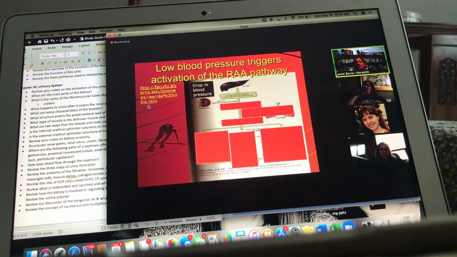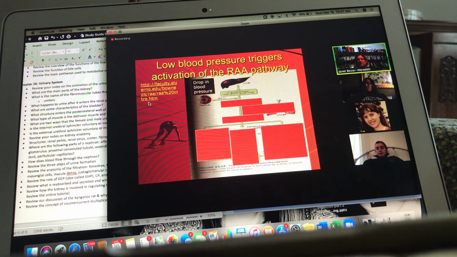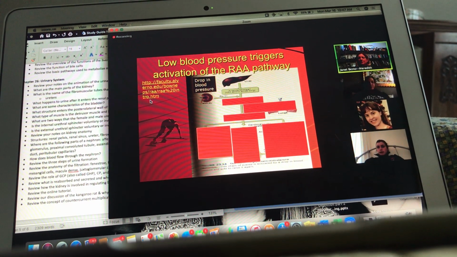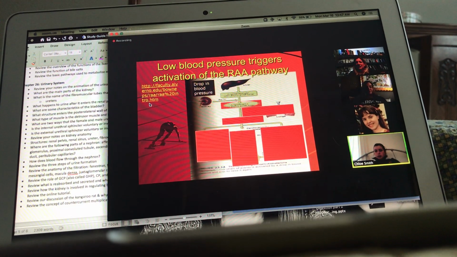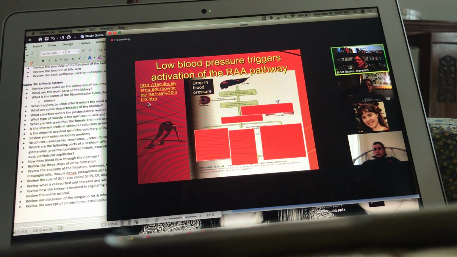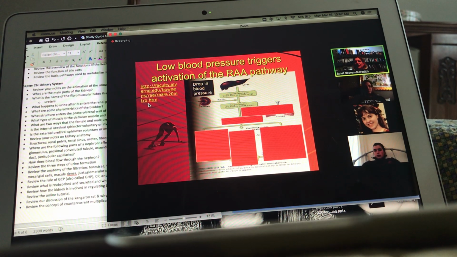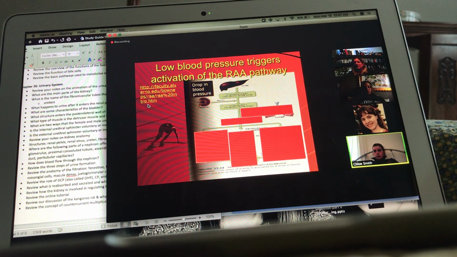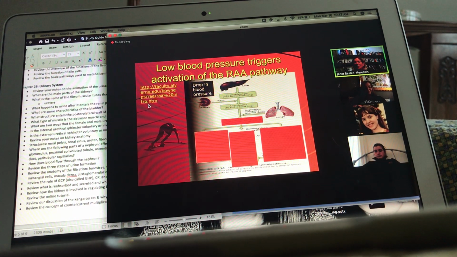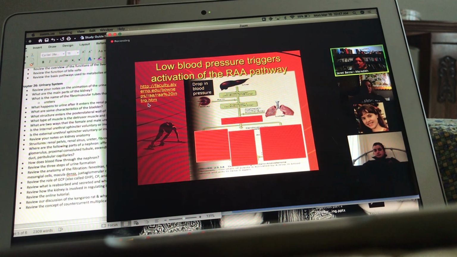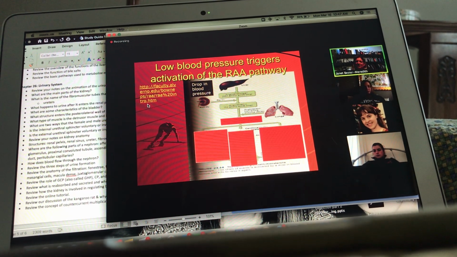So what happens when renin is released? It converts angiotensinogen to angiotensin 1. Yes. And then what else do we need? Your lungs to secrete ACE. Remember, if you have high blood pressure, what kind of medication might you take?